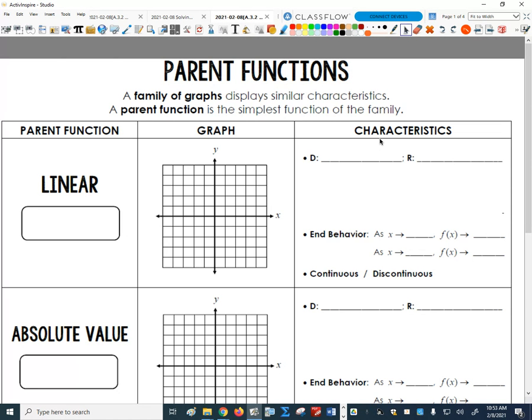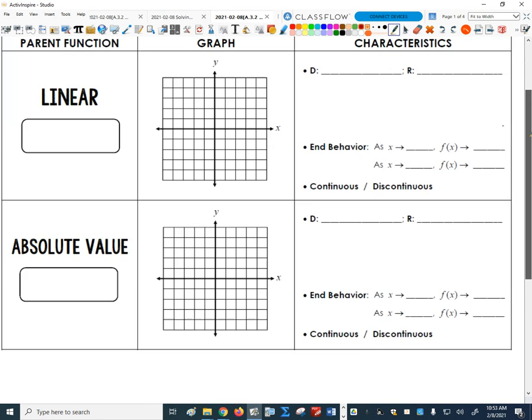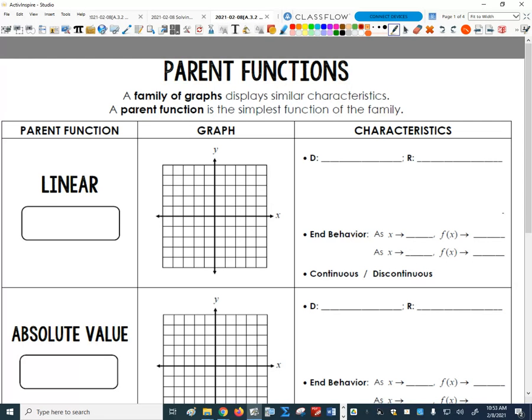So our linear parent graph, or parent function, the simplest line that we could draw would be y equals, or we're going to write these in function notation, f of x equals x, right? If I think about that in y equals mx plus b, slope-intercept form, the slope is 1.